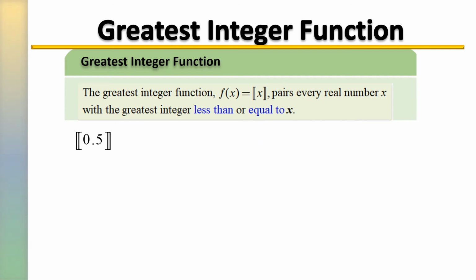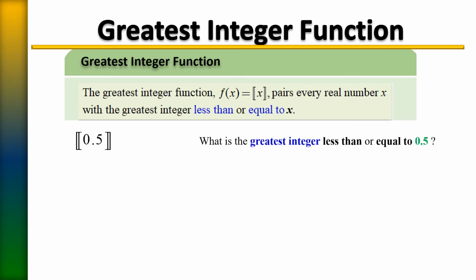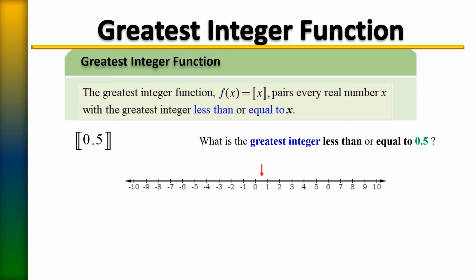Next, I want to find what is the greatest integer that is less than or equal to 0.5. So 0.5 is about a half. It's the same as a half. And you know a half is a positive number, and it is between 0 and 1. So what I want to know is, what is the greatest whole number integer that's less than a half, 0.5?